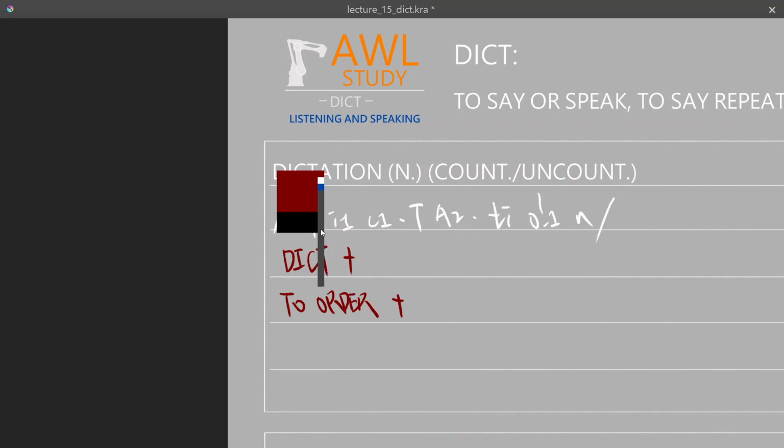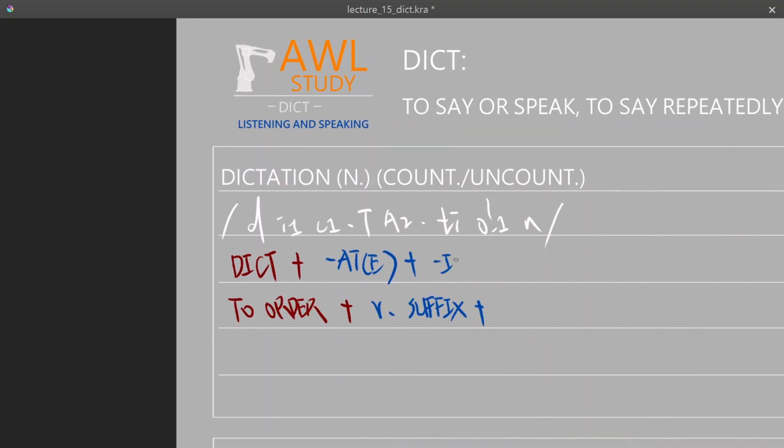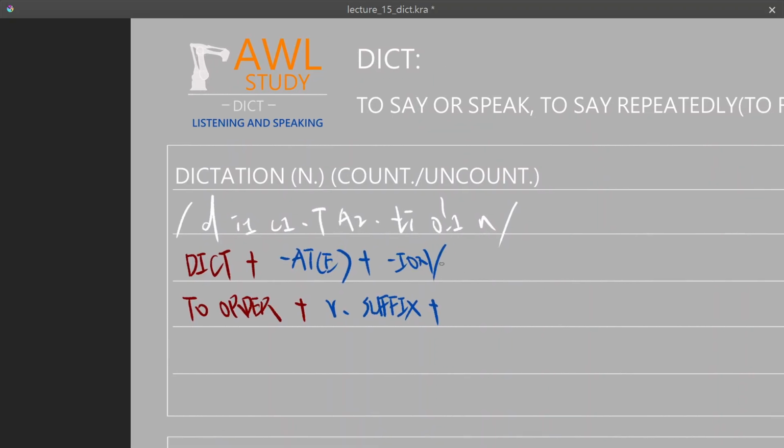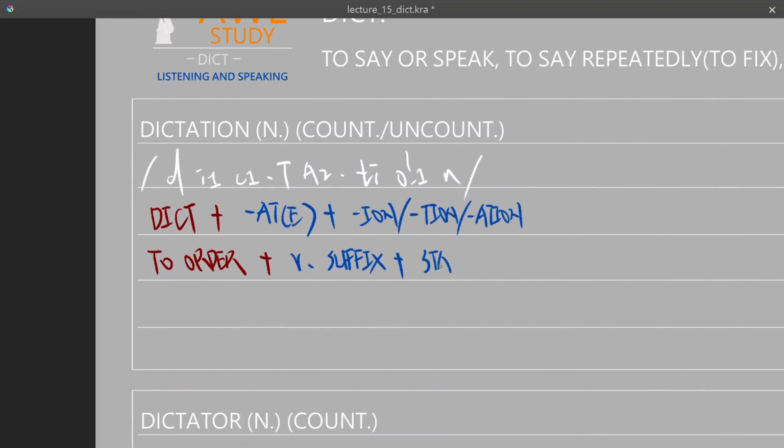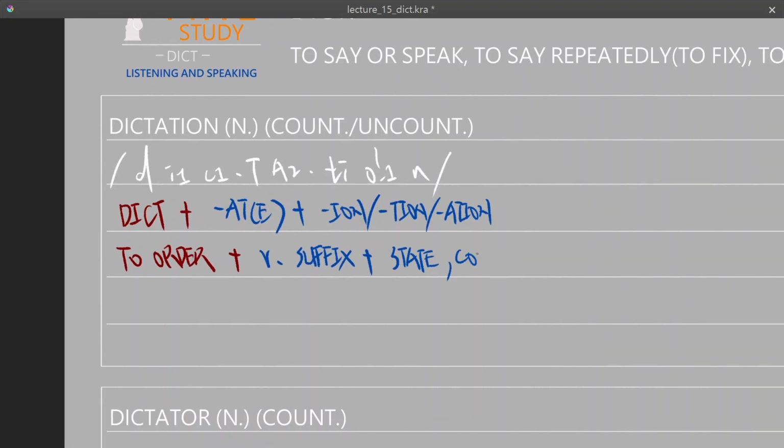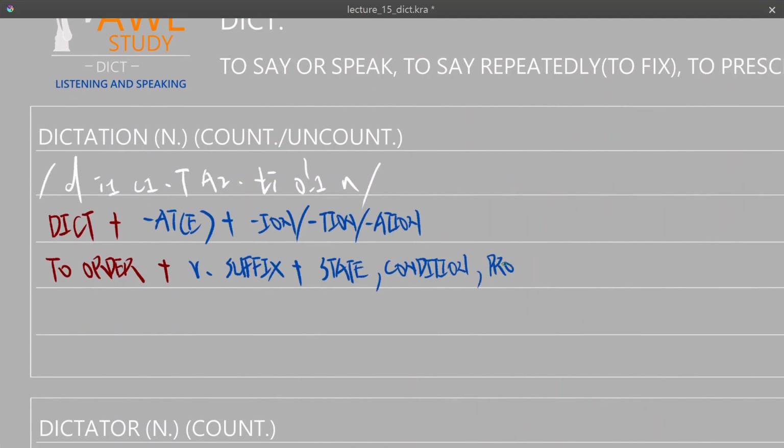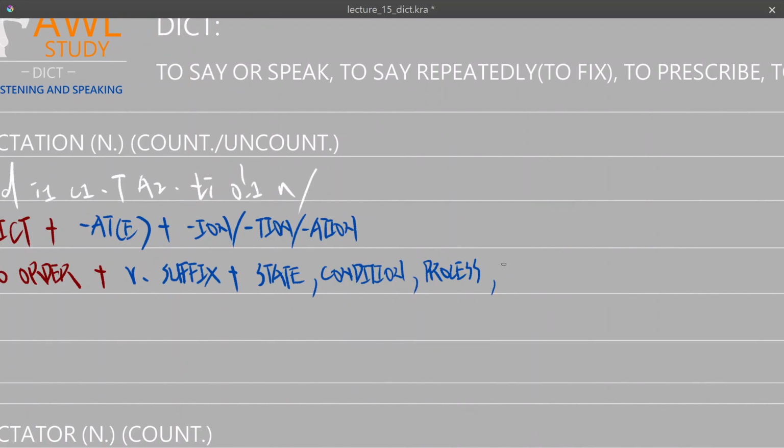And we have the verb suffix ate, followed by ion, the noun suffix or its variants tion or ation, meaning state, condition, process or result.